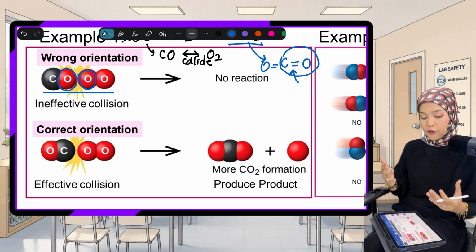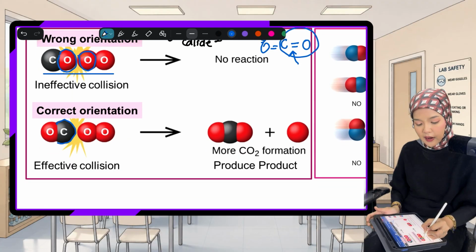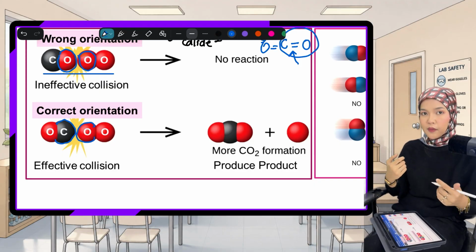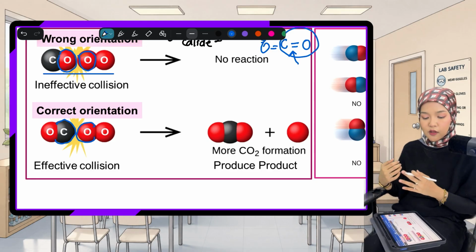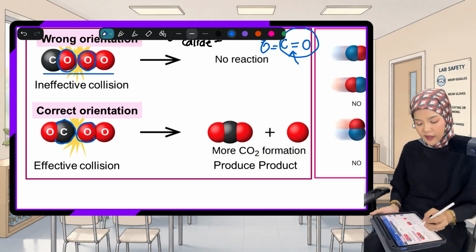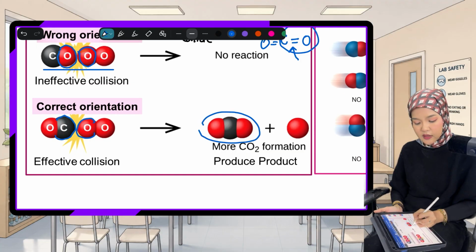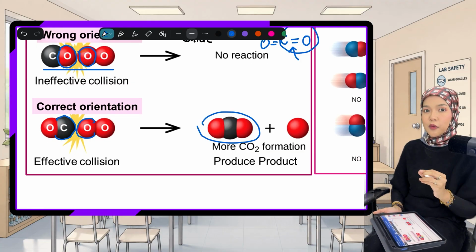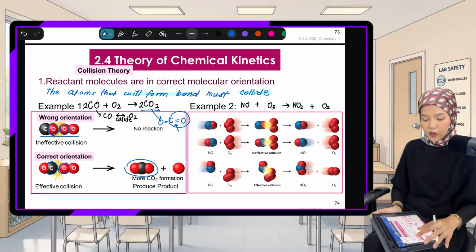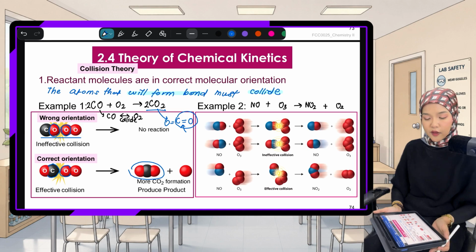An example of an effective collision: the carbon from the carbon monoxide collides with the oxygen from the O2 gas. In that case, they will produce CO2 as a product. So this is what we talk about with orientation. We also have another example here that you can see.